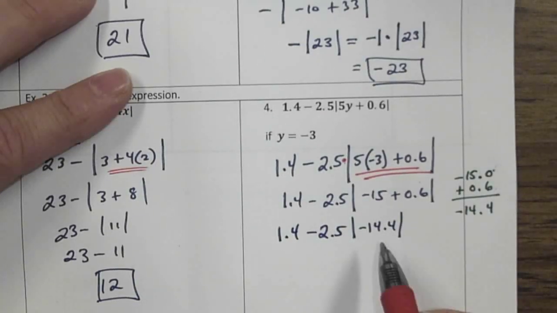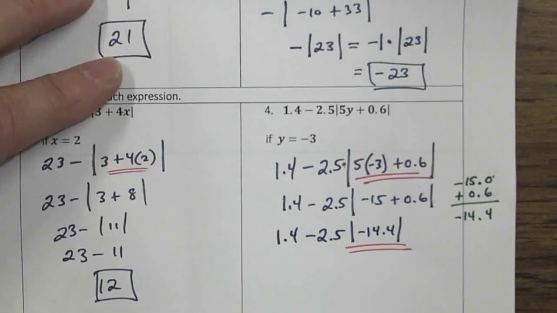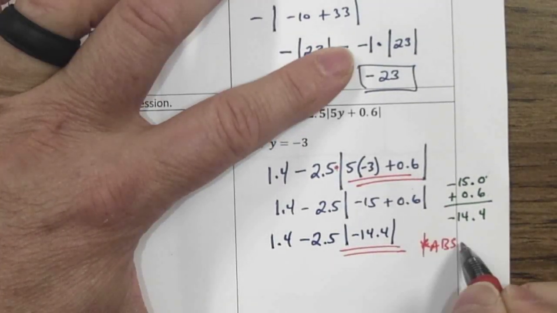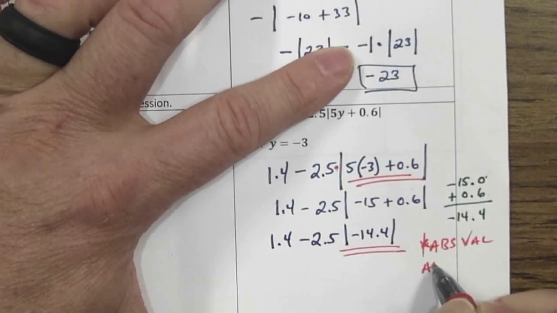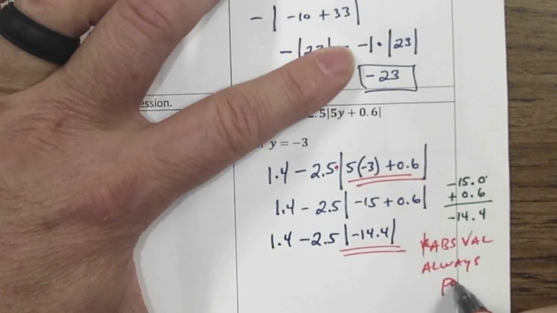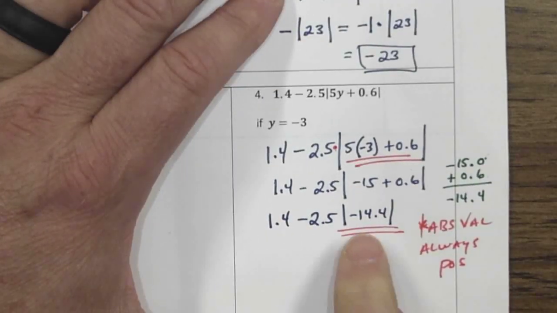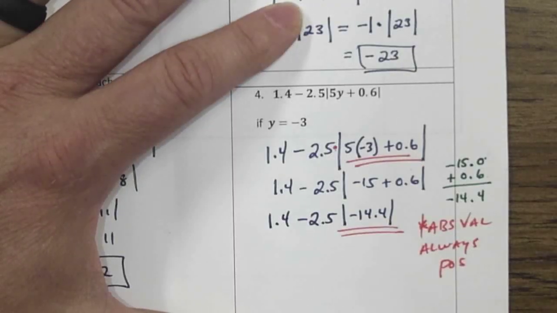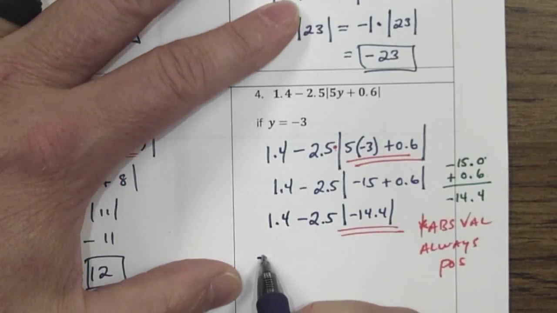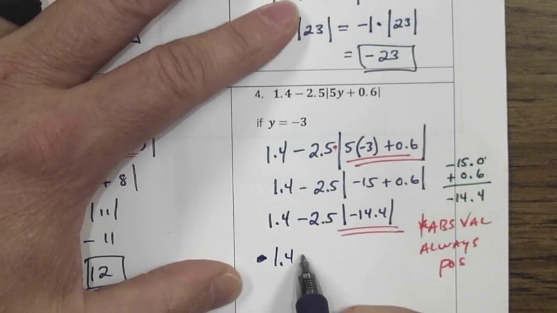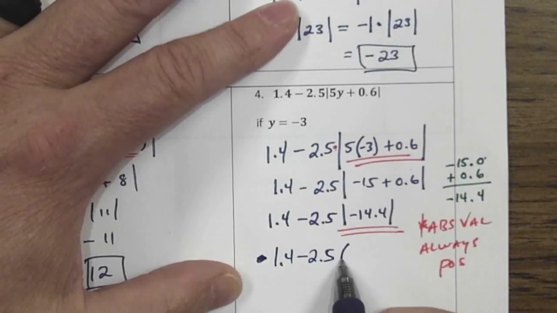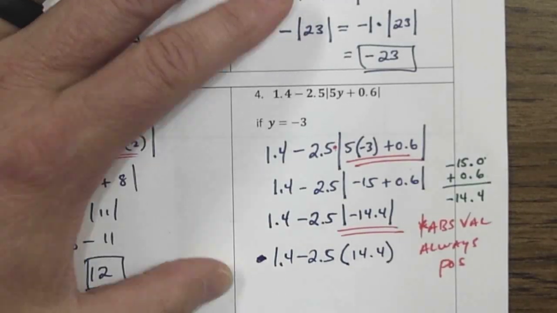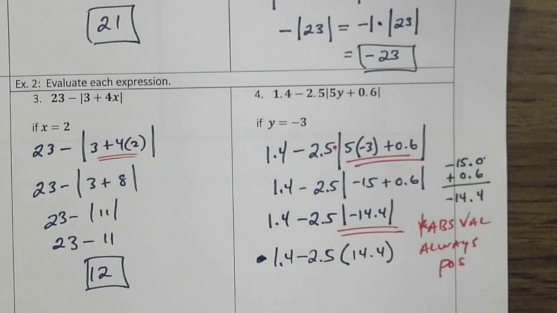Now here's where this part right here comes into play. The absolute value is always positive. So once we get it down to a single number, whatever that number is, the absolute value becomes a positive. So now this is 1.4 minus 2.5. Look, I change it now. Now it's no longer an absolute value.